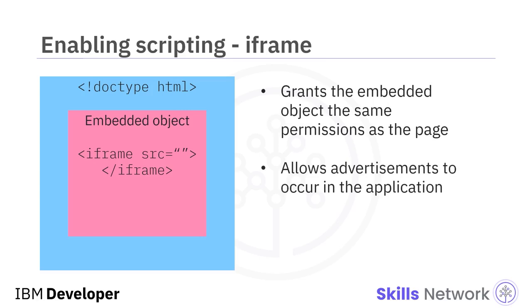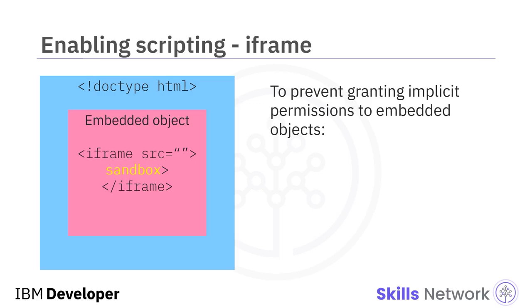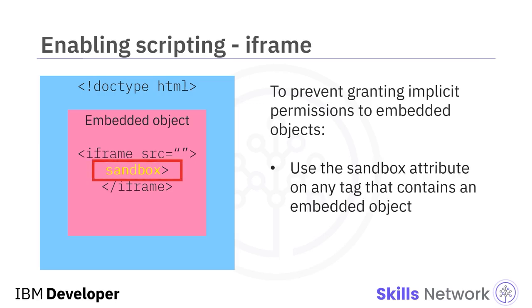This implicitly gives third-party vendors permission to run scripts with the same permissions that you have for that page, which is one way that you can inadvertently allow advertisements to occur in your application. So, to prevent granting implicit permissions to embedded objects, use the sandbox attribute on any tag that contains an embedded object.